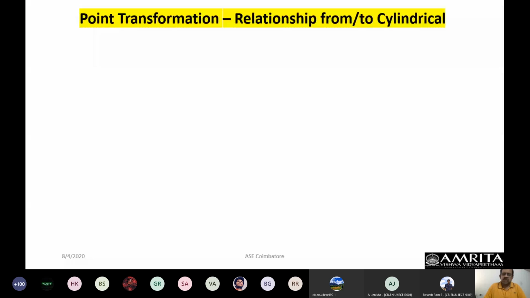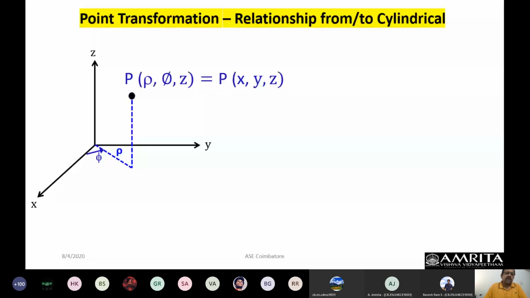So this is what is known as point transformation, and it is very simple because you all know this concept, these polar coordinates. So I am just going to pull those small trigonometric relationships over here and get these points as x equal to rho cos phi, y equal to rho sin phi. This is very evident.